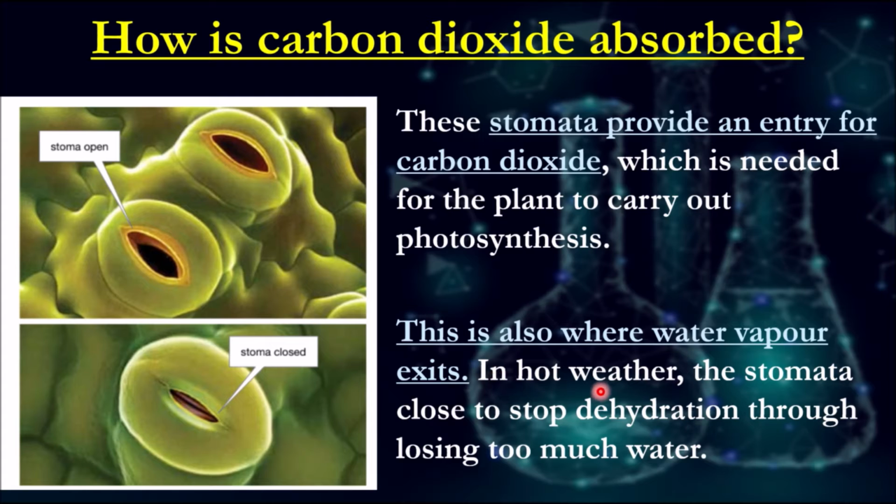Under hot weather conditions, the stomata will close, as you can see here. The reasoning is to prevent dehydration from too much water loss in those high temperature conditions. Once the carbon dioxide goes through, it will then react with the chlorophyll, and that's where we get the photosynthesis process going.